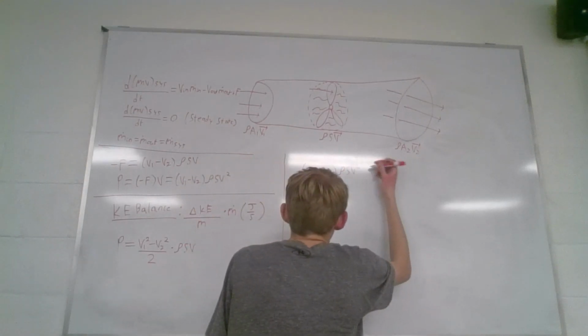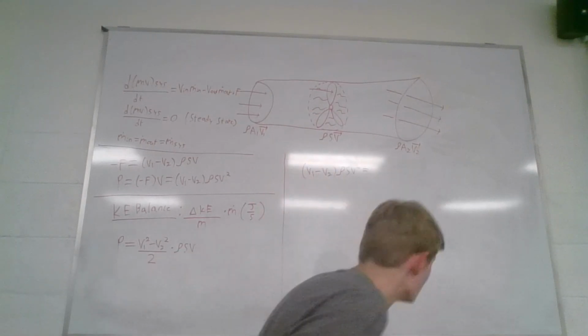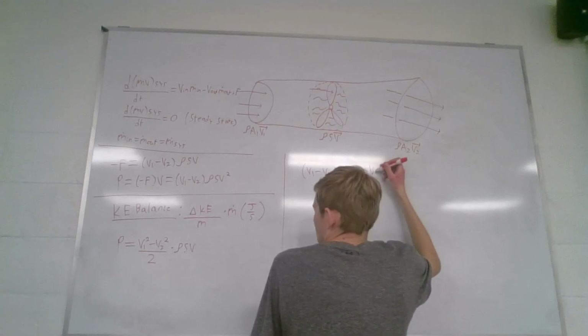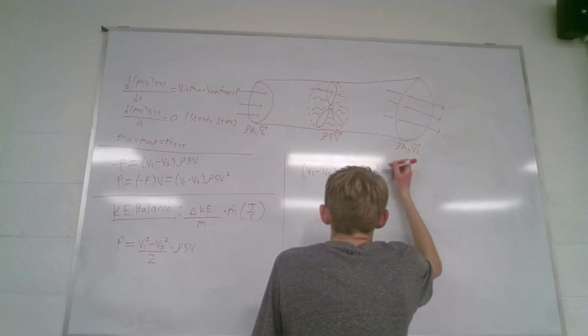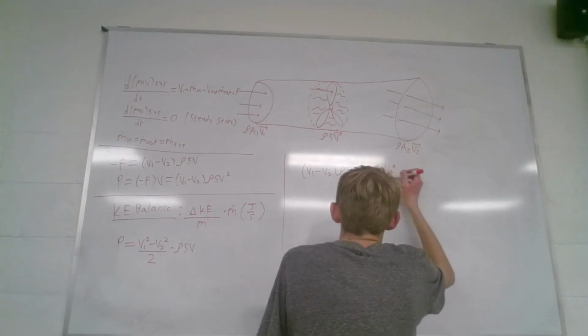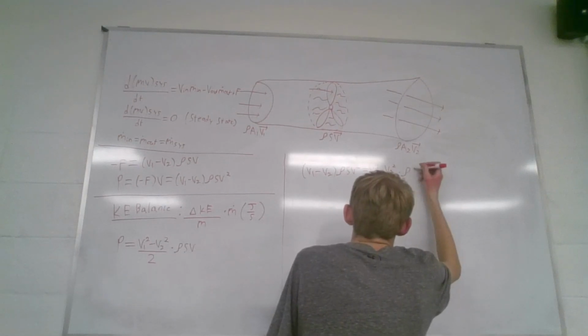And then that is going to be equal to what we have down here: velocity at 1 squared minus our velocity at 2 squared divided by 2, and then our mass flow rate again.